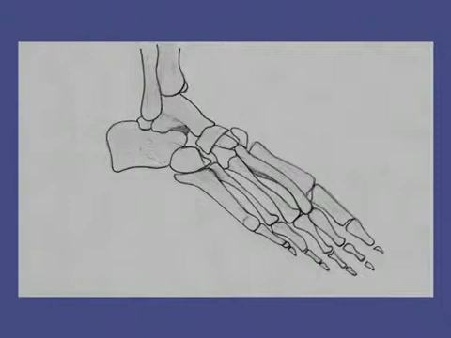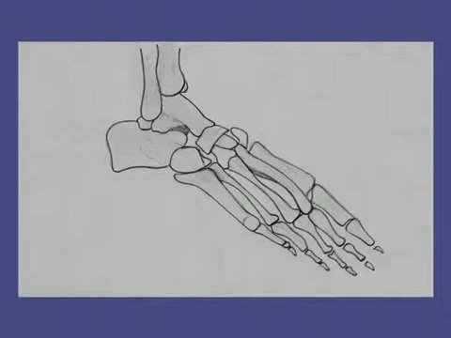Now the distal tibiofibular joint. Again, it's a compound fibrous joint, and this joint is strengthened by certain ligaments. The ligaments are the anterior tibiofibular ligament, posterior tibiofibular ligament, and interosseous ligaments. These are the three ligaments which support or strengthen this joint.